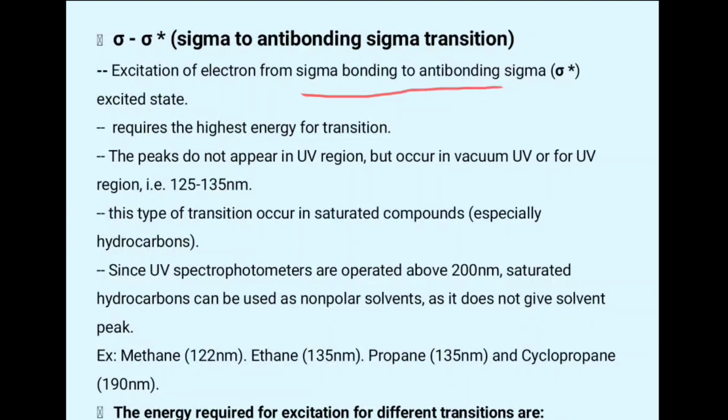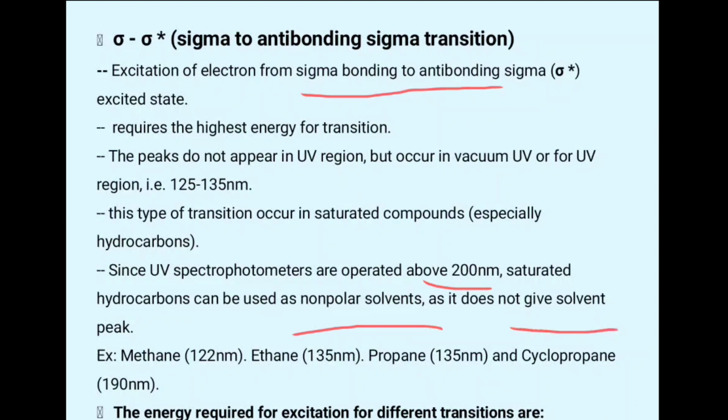This type of transition occurs in saturated compounds, especially hydrocarbons. Since UV spectrophotometers are operated above 200 nanometers, saturated hydrocarbons can be used as non-polar solvents as they don't give solvent peaks. Examples of this transition are methane, ethane, propane and cyclopropane.